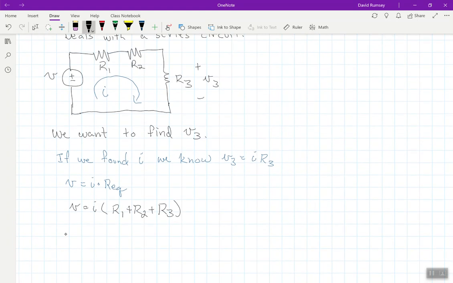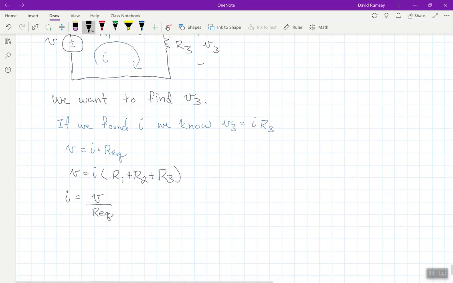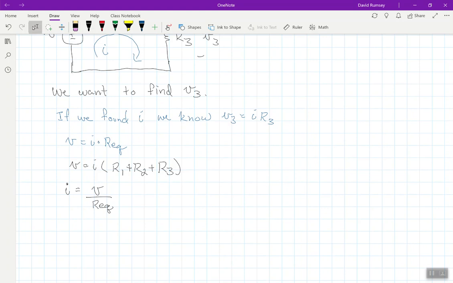So in other words, we can solve this for I, which means that I is equal to the power supply voltage, V here, divided by R equivalent. Which then gives me that the voltage 3 is going to be the current, which is voltage over R equivalent times R3.